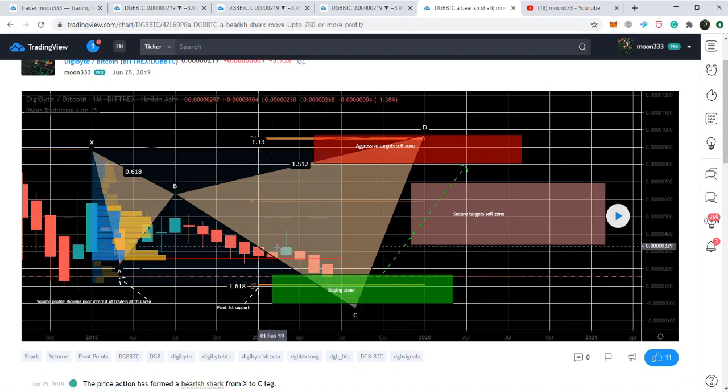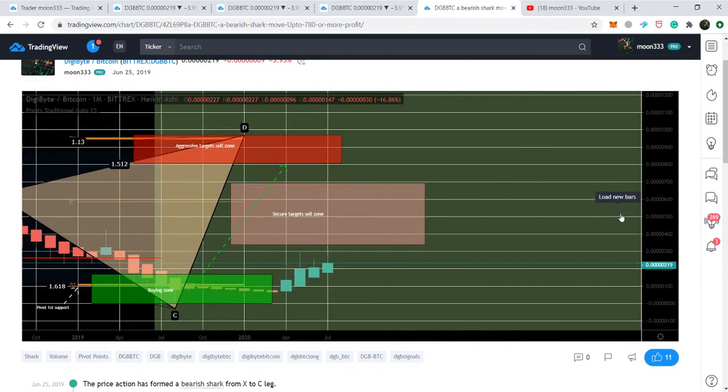At that time, it had just entered this potential reversal zone, and now I'm playing this chart, and you can see that from this potential reversal zone, as predicted, the price action is moving up, and it is very close to these secure sell targets, and I'm expecting that it will also complete this final leg of the bullish shark pattern up to this level.